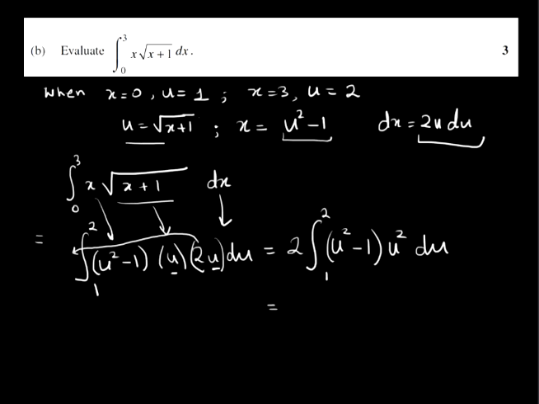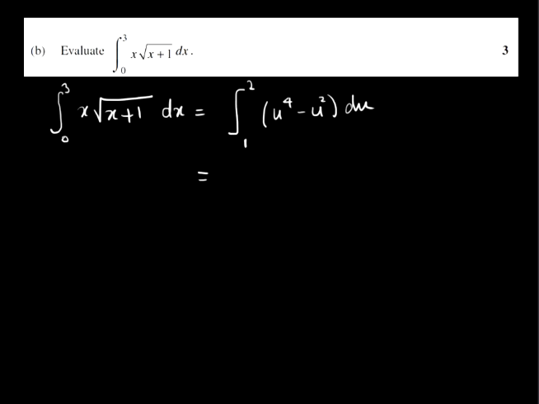And if we just expand this, it's going to be 2 outside of the integral from 1 to 2 of u to the power of 4 minus u squared du. Okay, so I'll just clear the board. Okay, so this is where we're at right now.